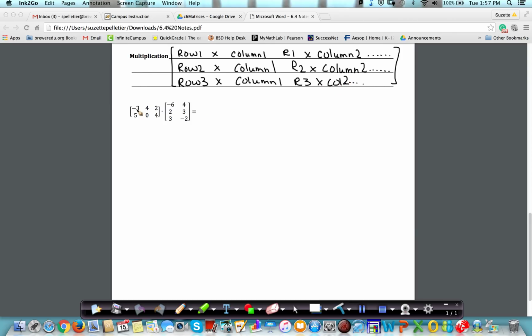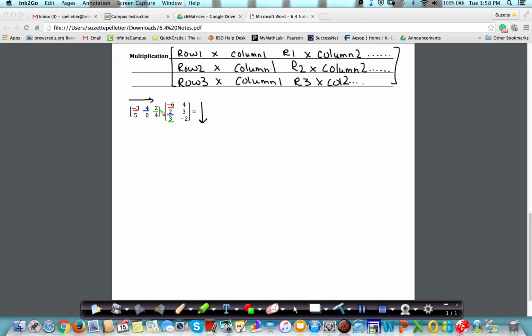So in this case, I need to do row 1 by column 1. And what that means is the first item in the row gets multiplied by the first item in the column. The second item in the row gets multiplied by the second item in the column. And the third item in the row gets multiplied by the third item in the column.